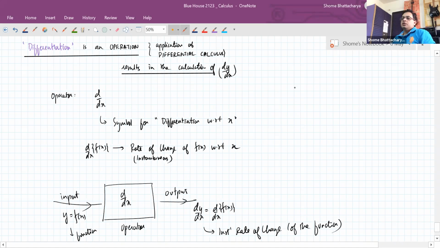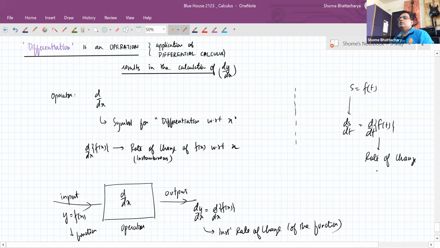So this is the terminology of differentiation. For example, if we have a function of time like this, then we can differentiate that function with respect to time, and this will give me the instantaneous rate of change of s with respect to t.